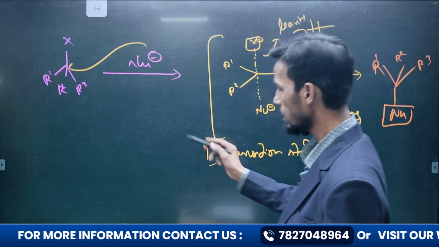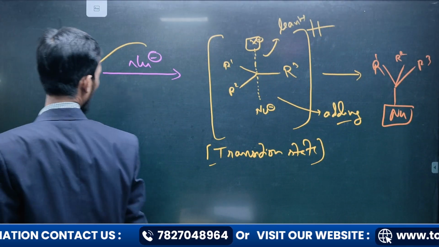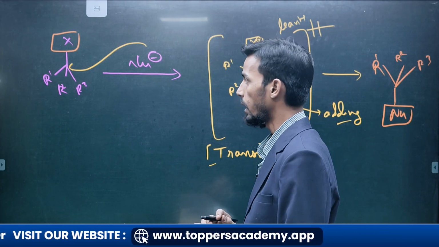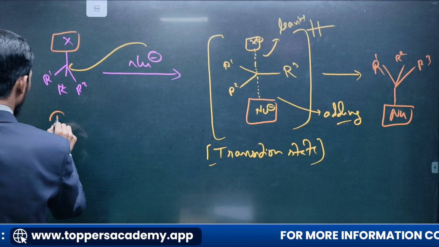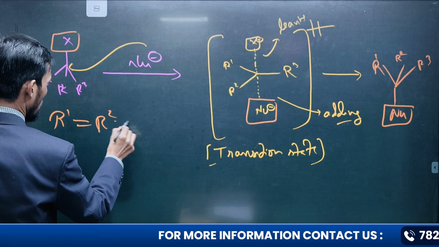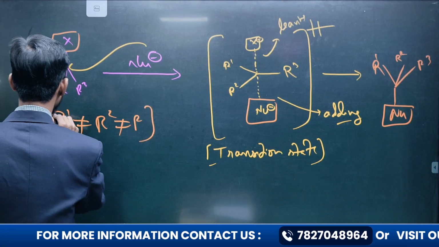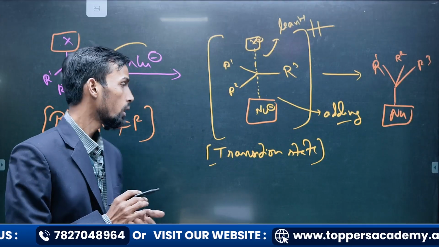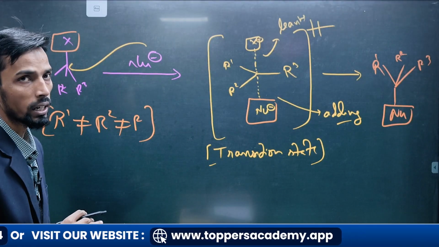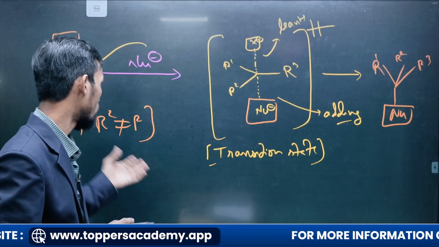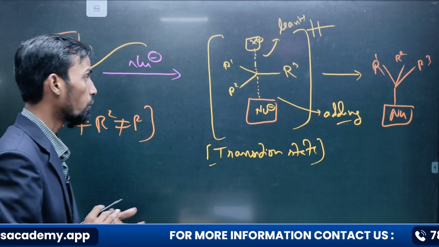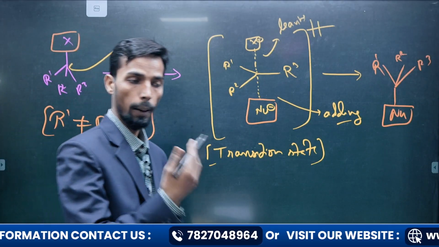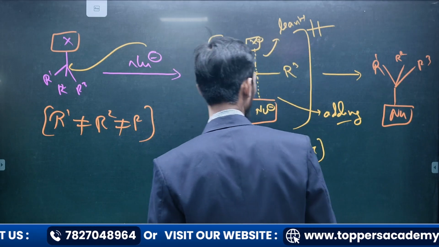Over here we can see this X is on the upside, and the nucleophile which is attacking is at the downside. If R1, R2 and R3 are all different, which means a chiral molecule, and it reacts with this nucleophile, we are going to get an inversion product, which means the product will have the opposite stereochemistry or configuration.